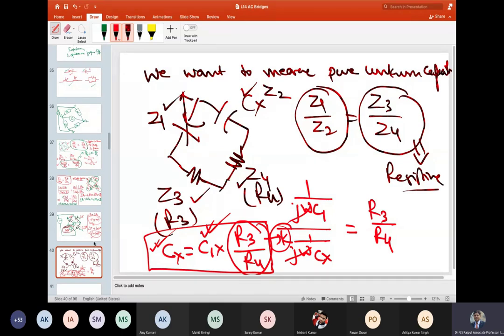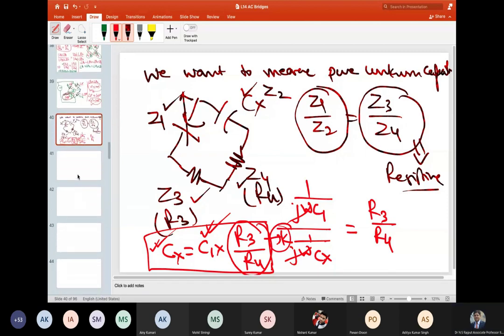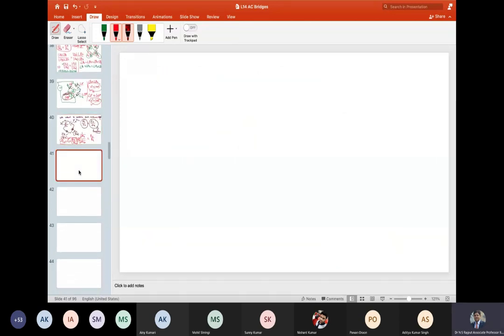So let's go ahead with this. The idea is you should be able to design a bridge in such a way that the bridge is balanceable and has known values.